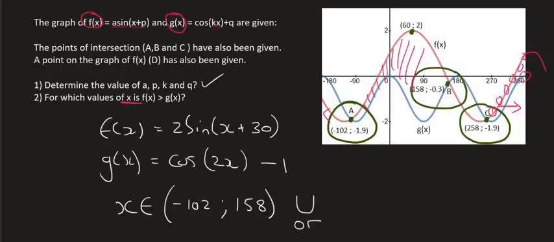So we must stop at 360. But that's where things get a bit interesting. We're going to go from 258 up to 360. But now the 360 we are going to include. Why? Because at that point, the red graph is still higher than the blue graph. It's not a point where they've crossed over, so we will include 360.